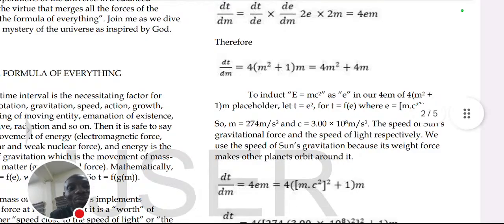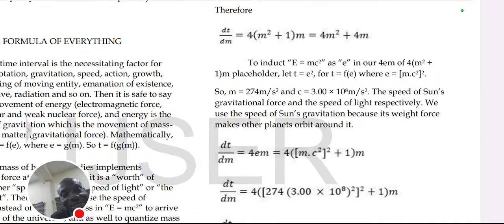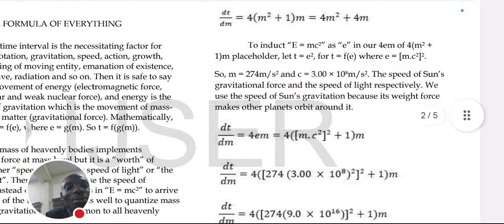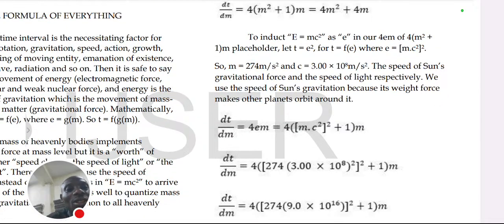I have a video where I was able to explain all this thoroughly. So now to induct E equals mc squared as E in our 4Em of 4m squared plus 1 close bracket m placeholder, that is how I'm able to do that. So now I say m equals the gravitational speed, you understand, and c equals the speed of light, that is the speed of the sun's gravitational force and the speed of light respectively.